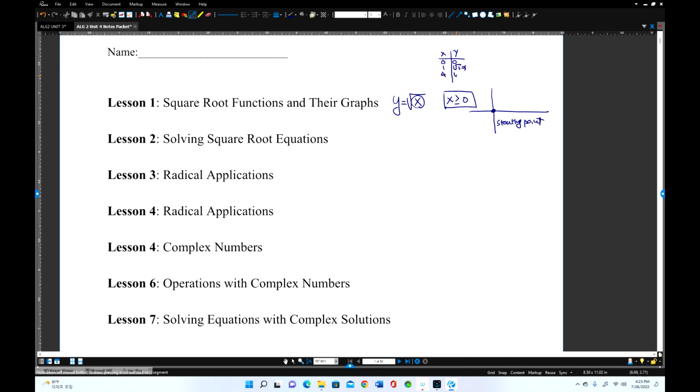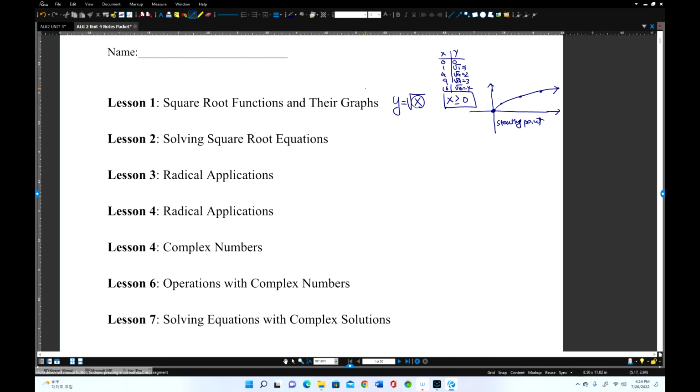X equals 4, y equals 2, x equals 9, y equals 3. That's the square root. X equals 16, square root of 16 is 4, right? So you can make a graph here. The graph looks this way. That's the graph of y equals square root x.